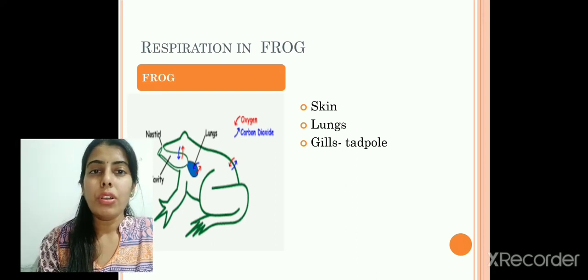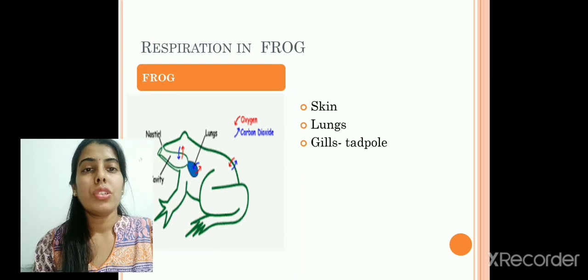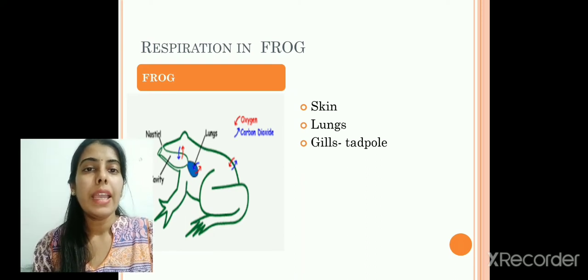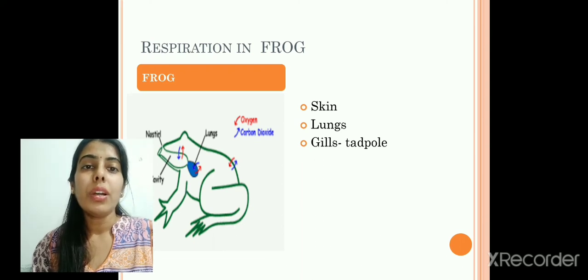Now coming to respiration in frog. Respiration in frog is considered very special. Why? Because it has different modes, different organs for the exchange of gases. When the frog is in the stage of tadpole, all of you must be knowing when the frog lays eggs, it hatches into a tadpole.